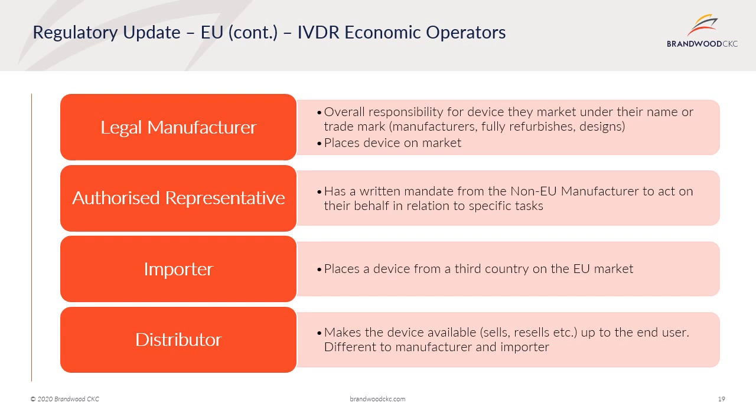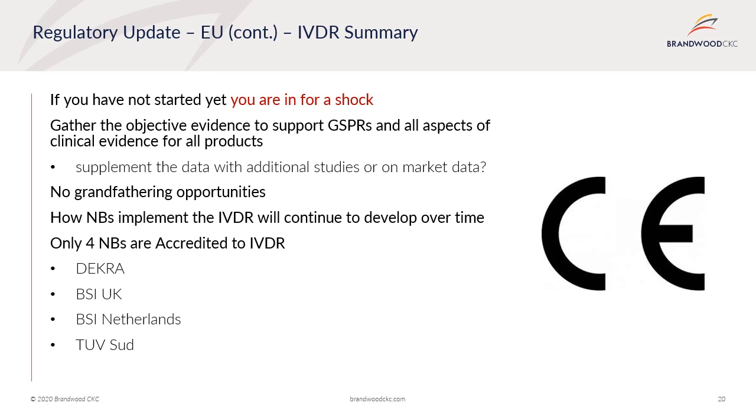So in summary, again, there hasn't been any changes since the IVDR came out. I think we're learning more and more about this, and we're learning more and more about how notified bodies are going to implement this. But the biggest takeaway here is if you haven't done anything yet, you're going to be in for a shock. You need to gather your evidence to support the GSPRs.